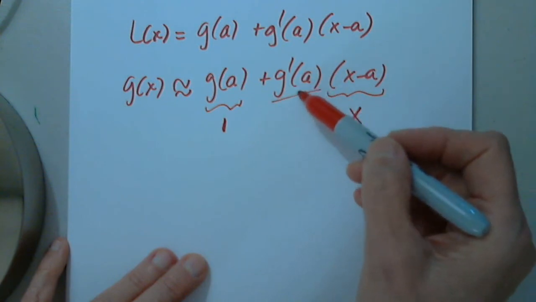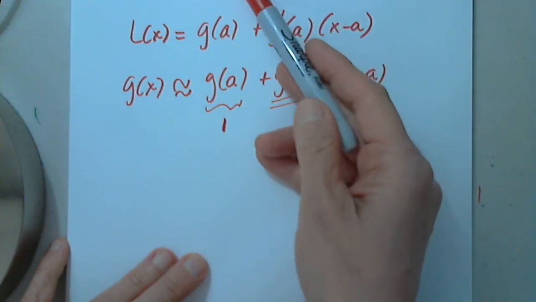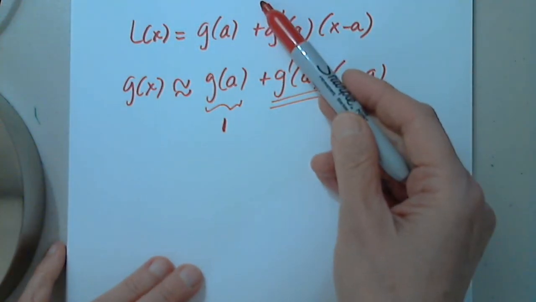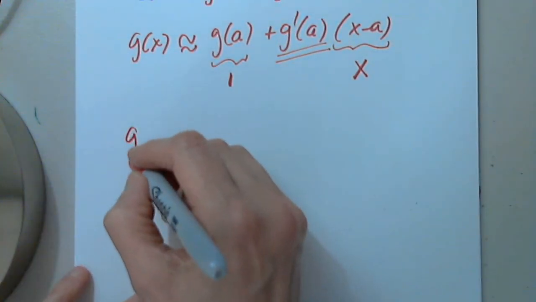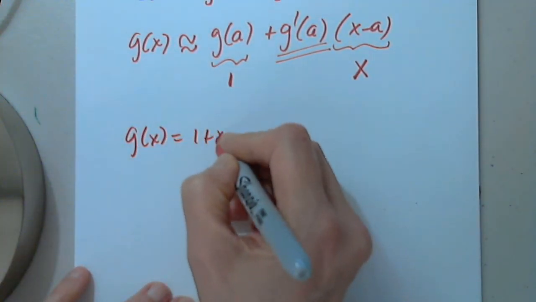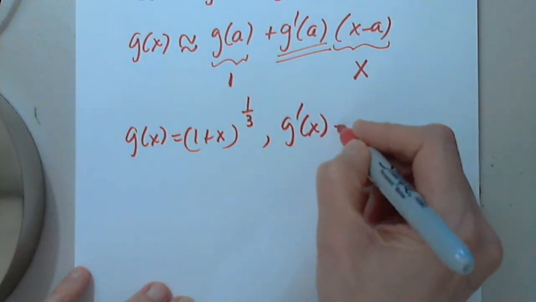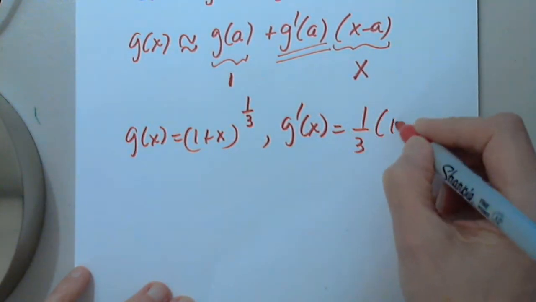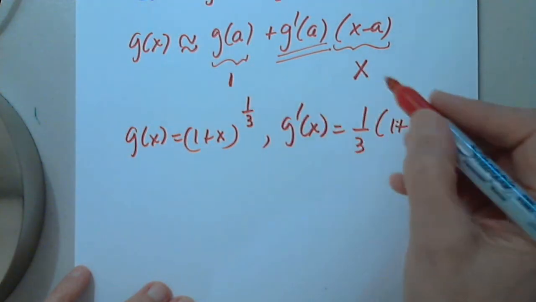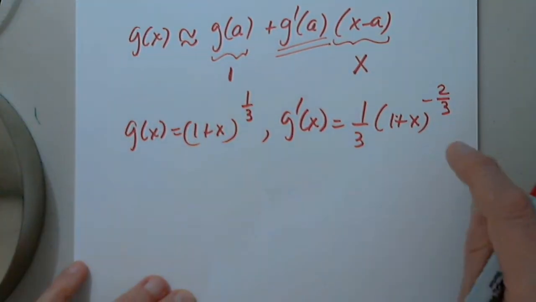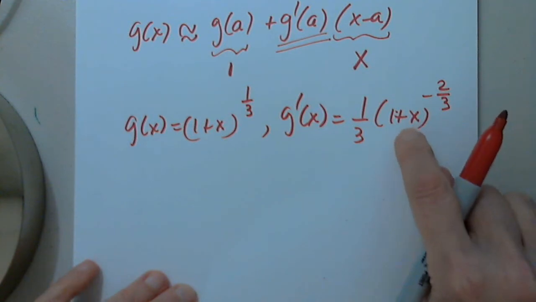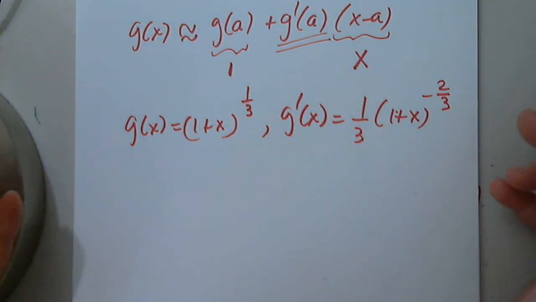But now I have to determine this. First, I have to find g prime, and then I have to find g prime of 0. So g of x, in this case, is 1 plus x to the 1/3. And when I differentiate this, I get 1/3 times 1 plus x to the 1/3 minus 1, which is negative 2/3. Always remember times the inner function prime, but luckily that is 1.